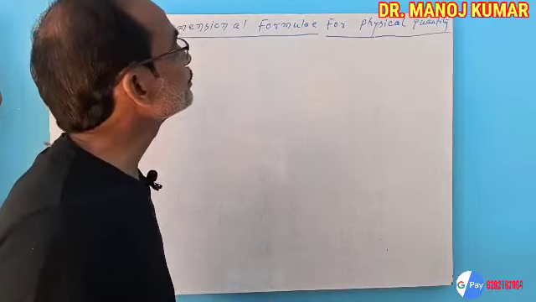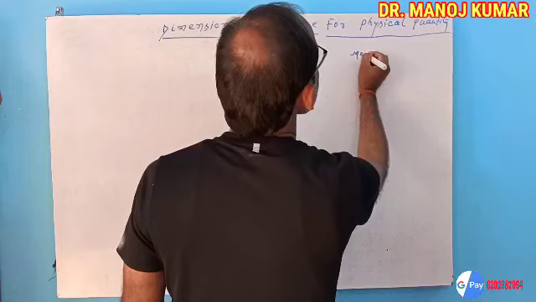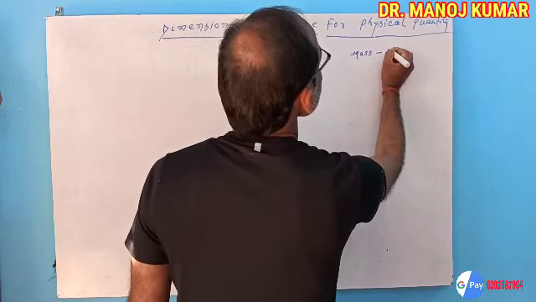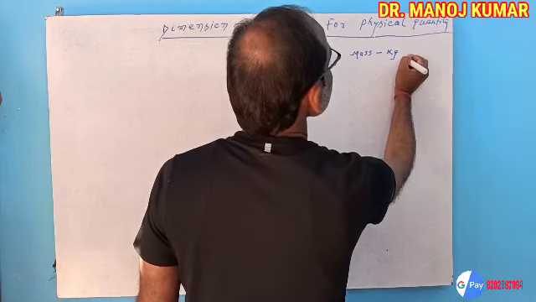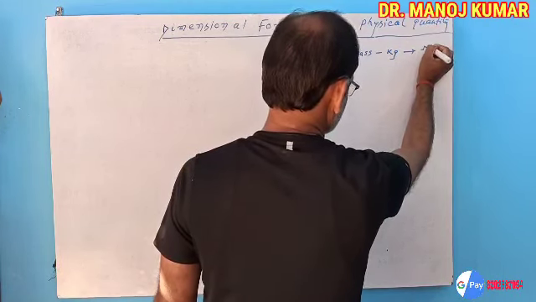We have mass, their unit is kg, and that can be represented as dimension as M.